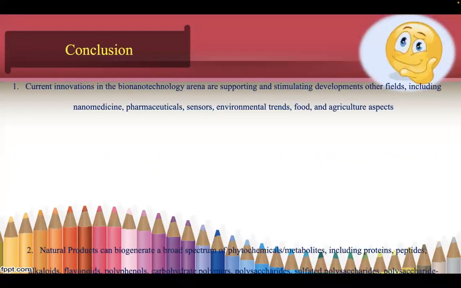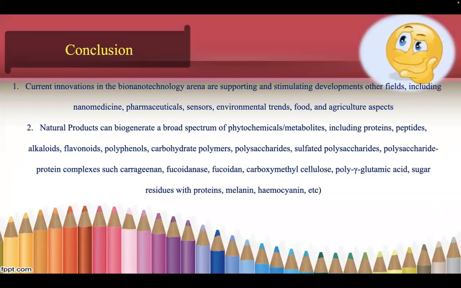And we come to this conclusion that the current innovations in the biotechnology area are supporting and stimulating developments in other fields, including nanomedicine, pharmaceuticals, sensors, environmental trends, and food and agricultural aspects.